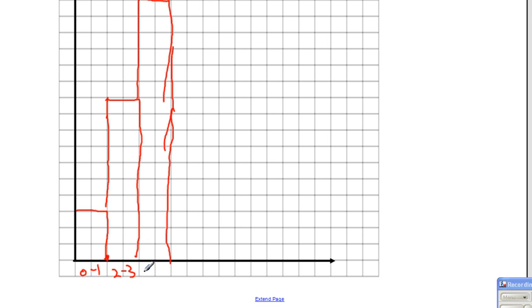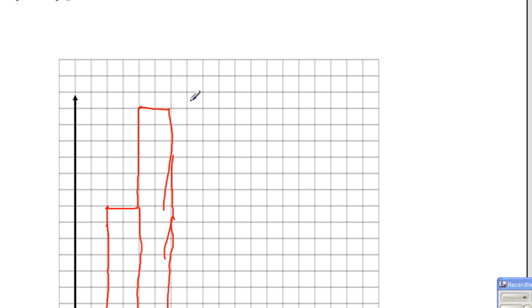So here it becomes 4 to 5. The next one is simply 3 more, so we have 6 to 7. Goes up.